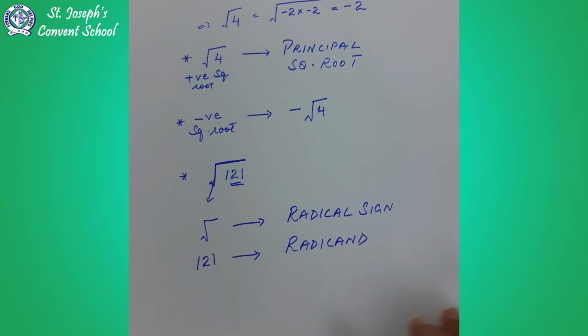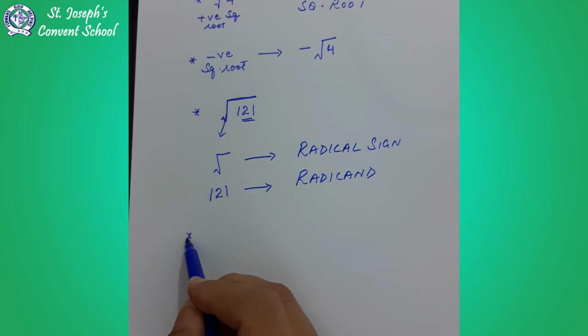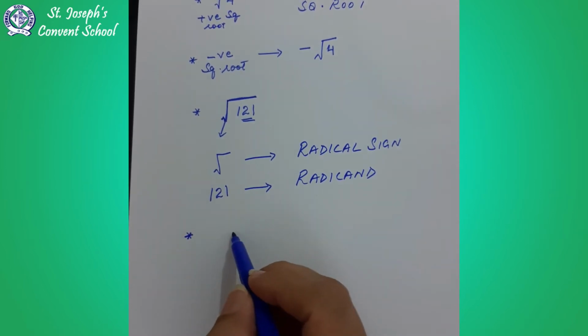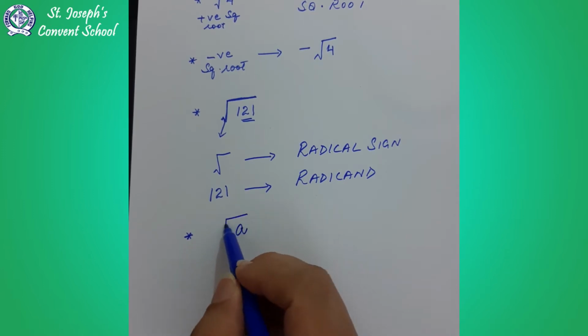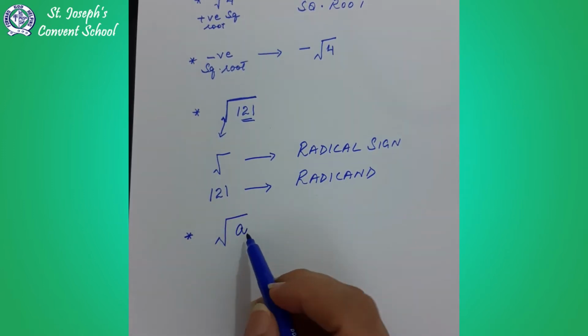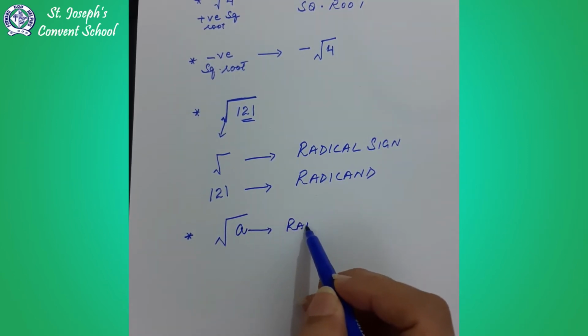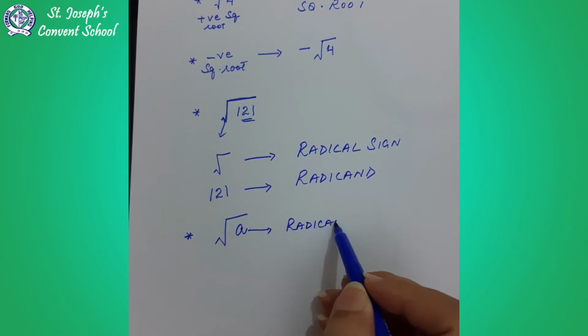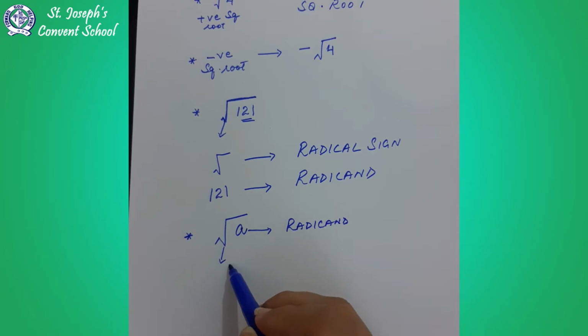I'll give you one more example. Suppose it is written under root a, so this a inside the root is known as radicand. This is radicand. This sign is known as radical sign.